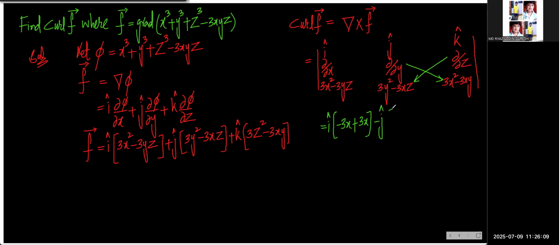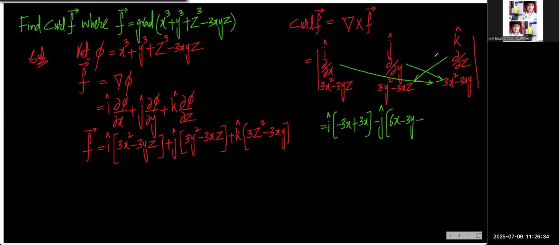Second element with minus sign. Again column and row neglect. This one with respect to x. What is the answer? 6x, column and row, 6x minus, x becomes 1 means 3y, right?